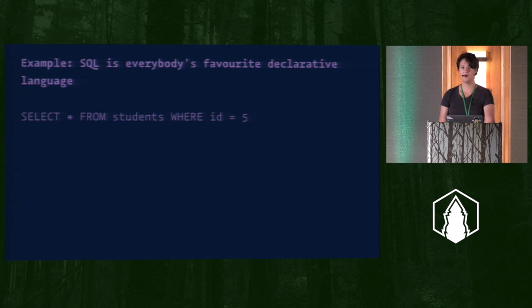There aren't a lot of declarative languages that you encounter every day, but the most popular one is probably SQL. So this is a standard SQL query. You're selecting a student from a table. What's going on under the hood is that it's analyzing your query and selecting the best search algorithm to find it most efficiently.